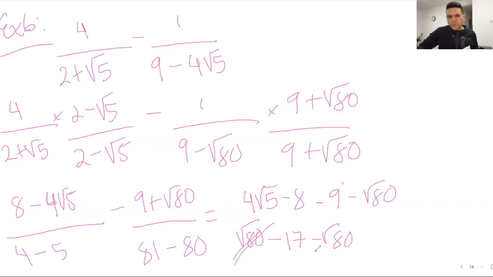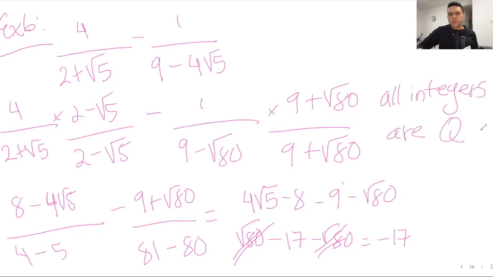These two will cancel, and we got minus 17. And remember that all integers are rational numbers, right? So this is a rational number, and that's what they asked us to do, to show that this is a rational number. Indeed, it is.